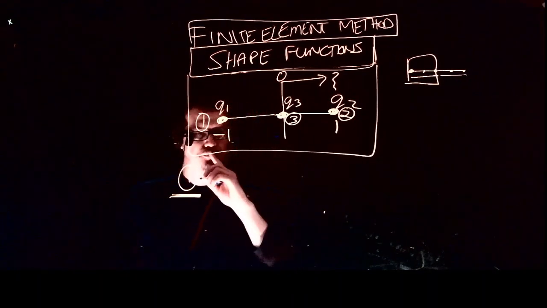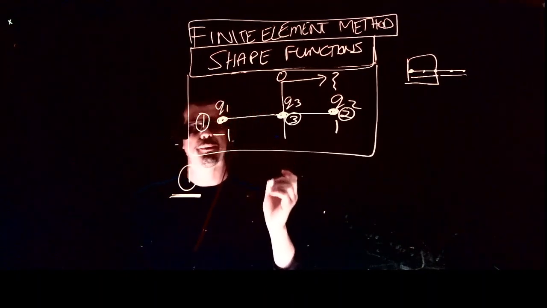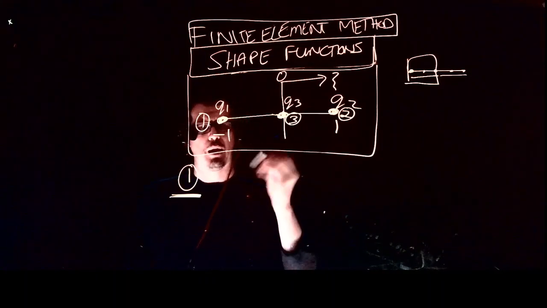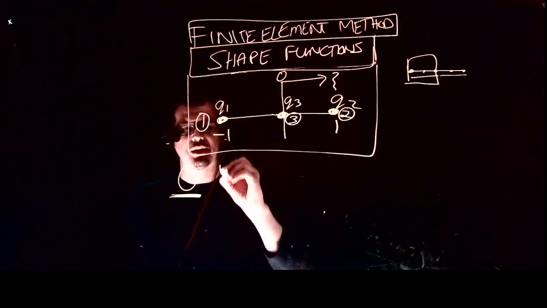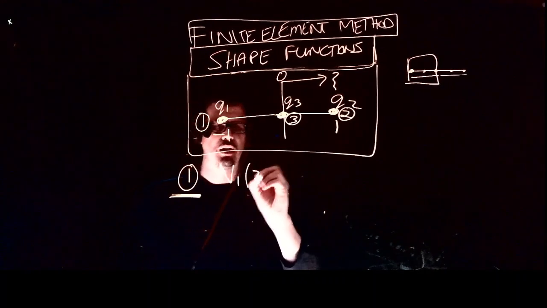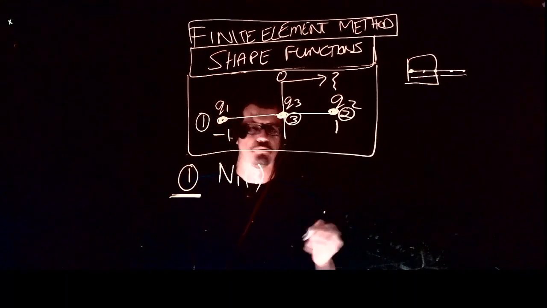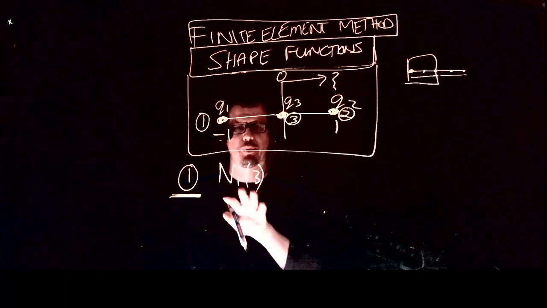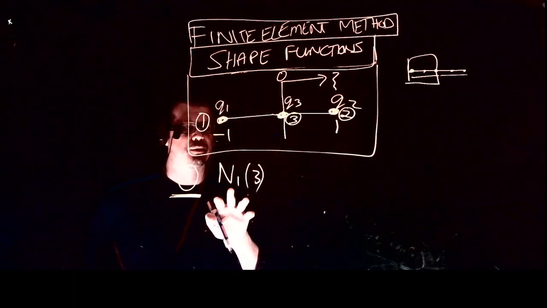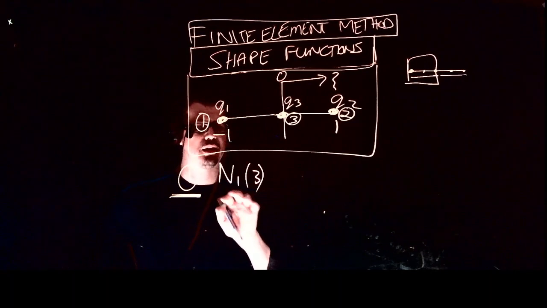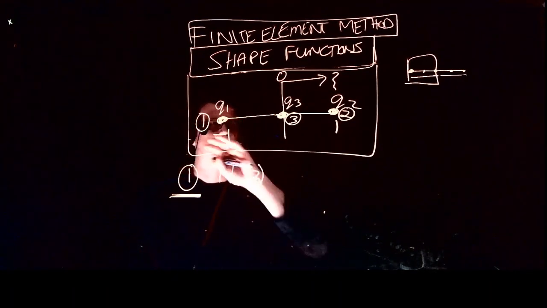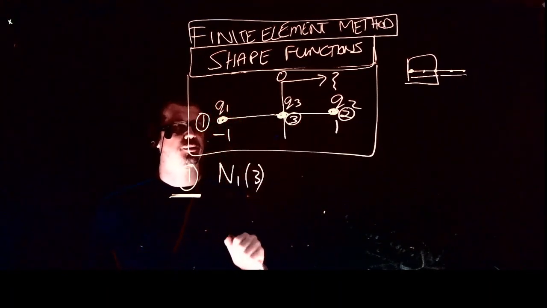What we want to do now is set up some function N1 as a function of psi. We want to figure out what properties this function needs to have so that it will have the kind of behavior we spoke about.